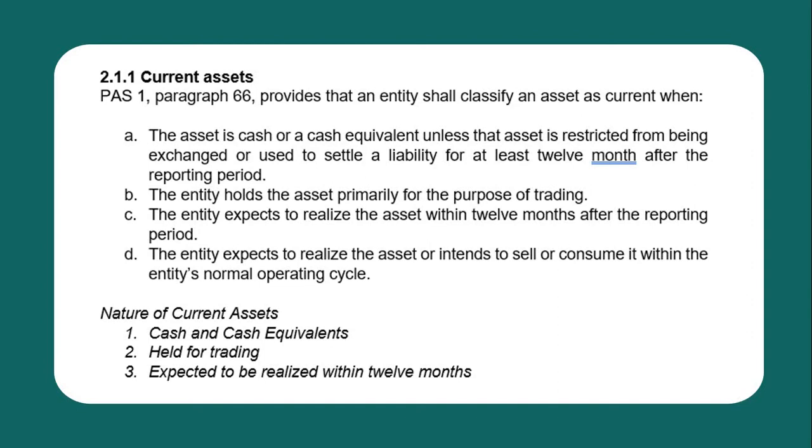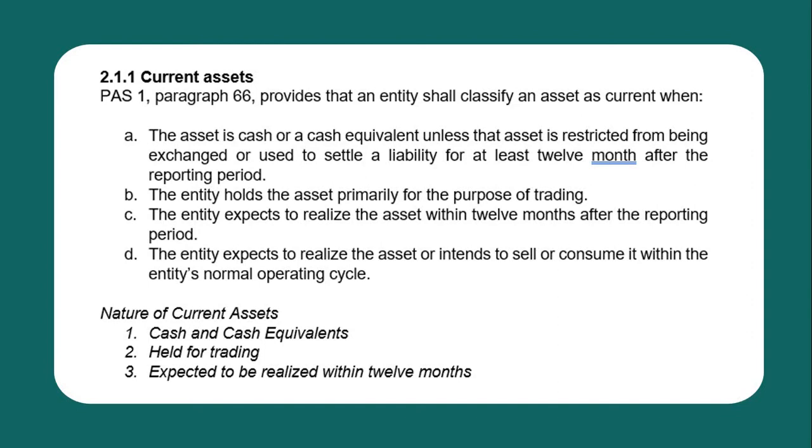So basically, when the asset is cash and cash equivalent, that should be a current asset. However, if such cash or cash equivalent is restricted from being used within the 12-month period, then exemption siya. Dili siya pwede i-current asset.